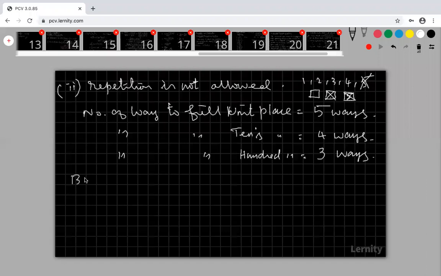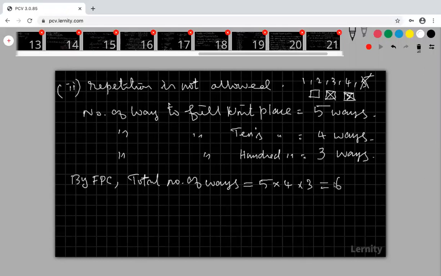So by the fundamental principle of counting, my total number of ways is equal to 5 into 4 into 3. Okay, what is the answer? 5 4s are 20, 20 into 3 is 60.